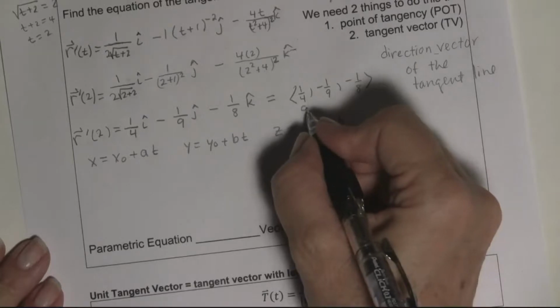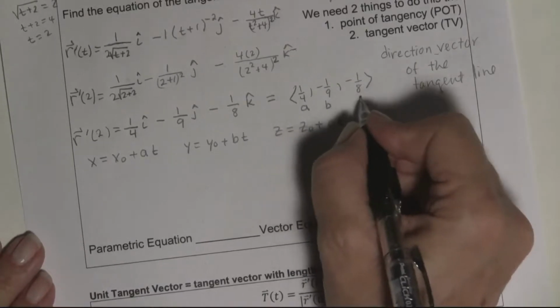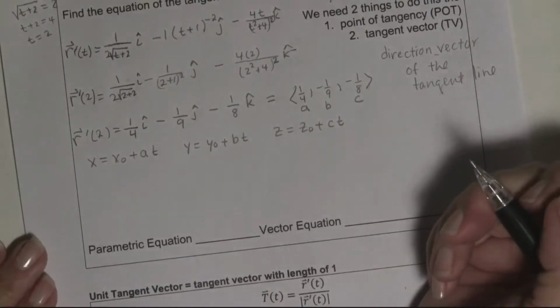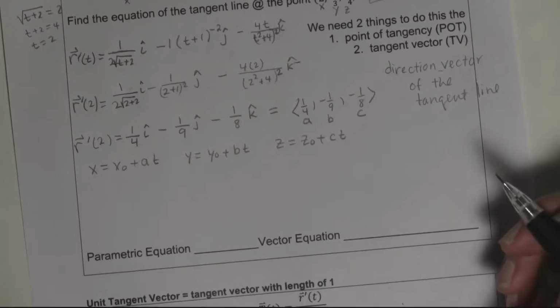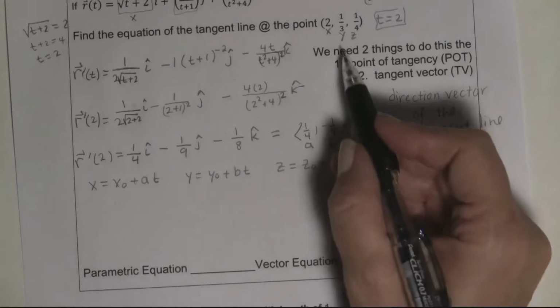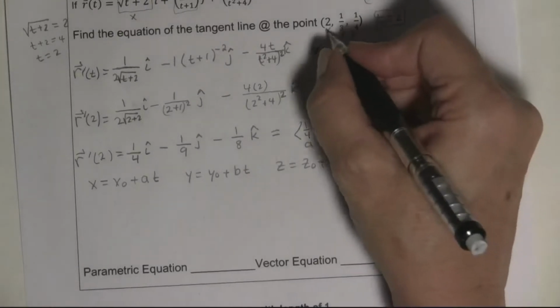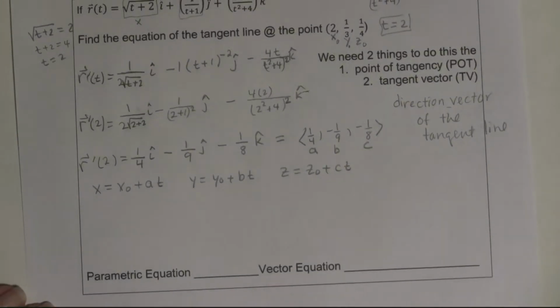And we found the direction vector, the tangent vector is A here, B here, C here. So we're looking at our direction vector for our tangent, and our point, of course, we have right here. So I'm going to call this point x naught, y naught, z naught when I plug that in.